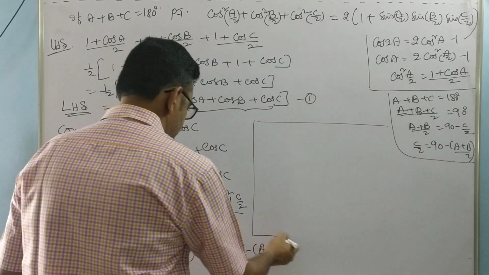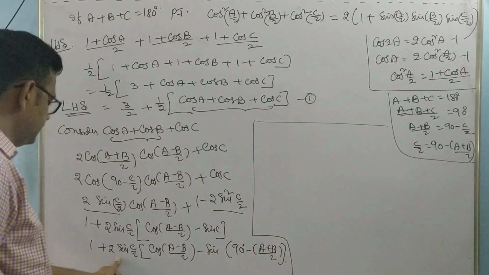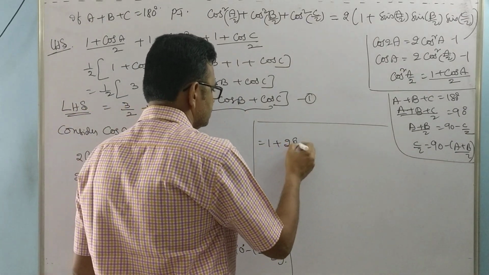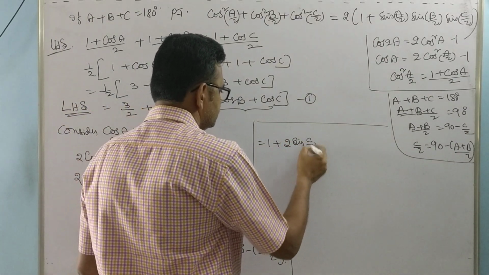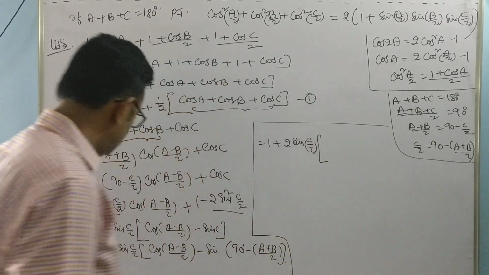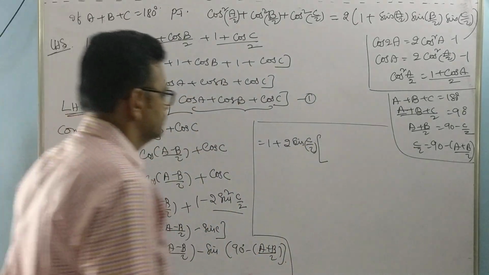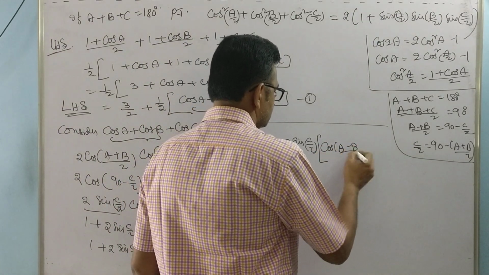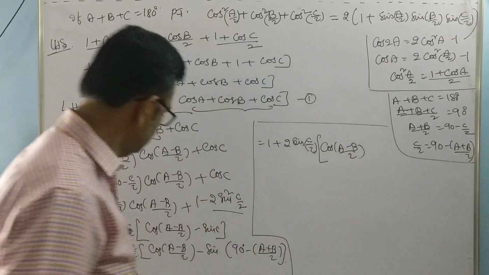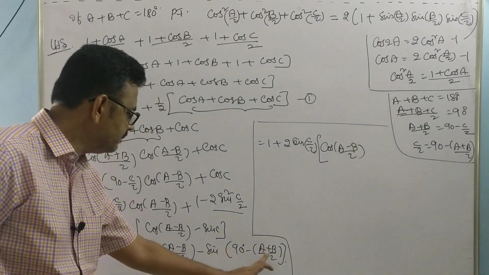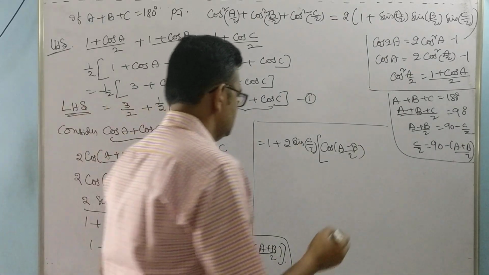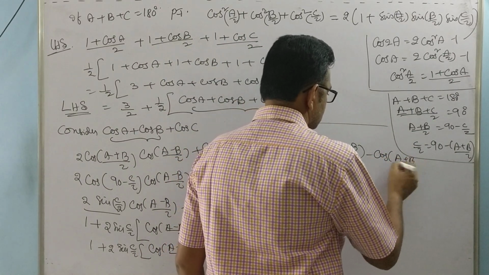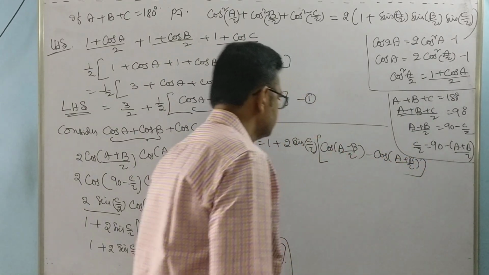So here 1 plus 2 sin C by 2 into cos of (A minus B) by 2, and this is sin of 90 minus, so there is cos. So this minus cos of (A plus B) by 2.